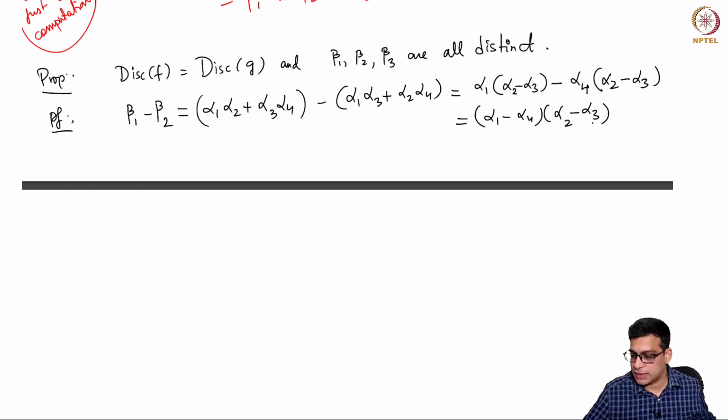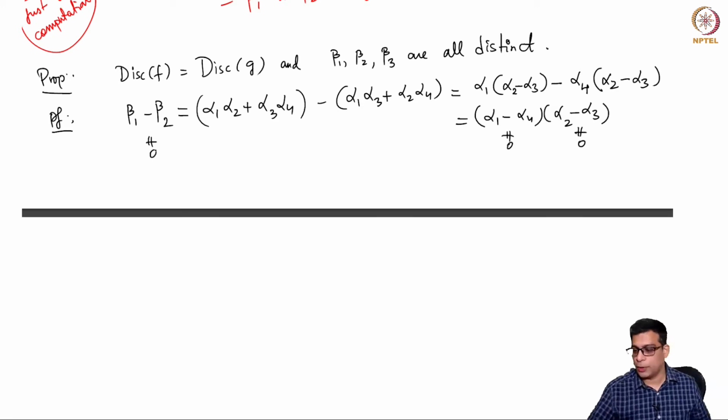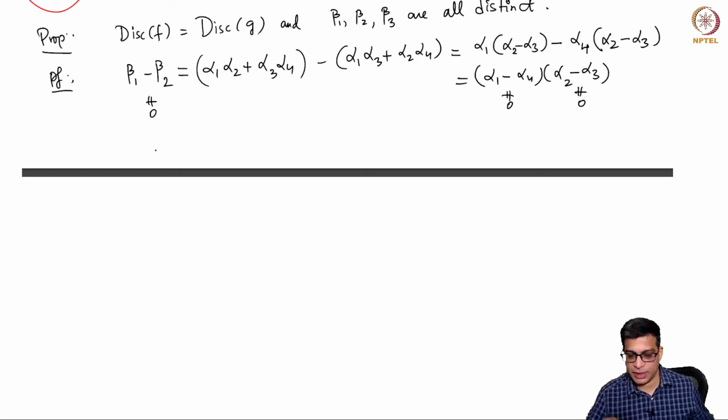Correct. So that means this is non-zero, this is non-zero, so this is non-zero, right, because alpha i's are distinct, so beta i's must be distinct.